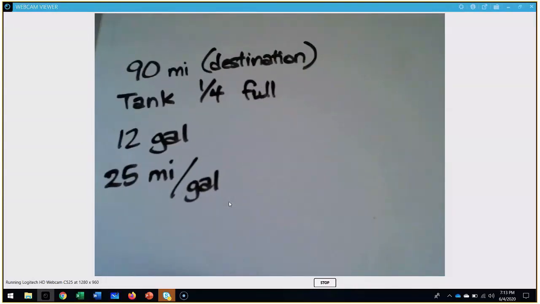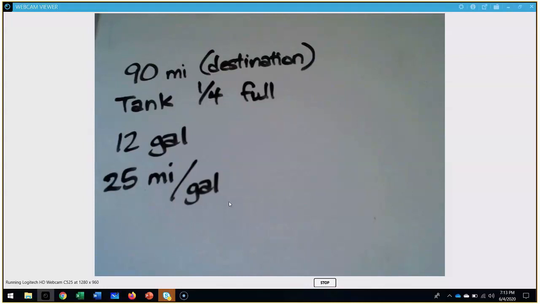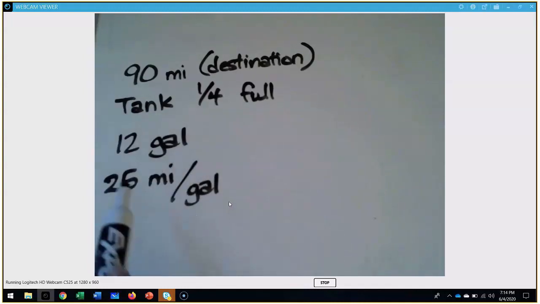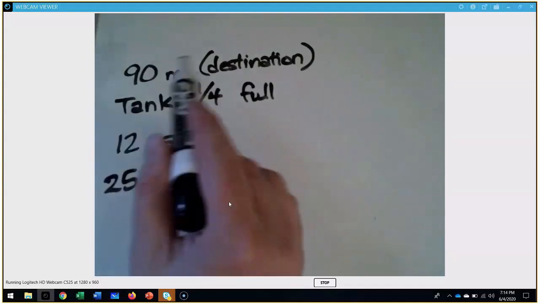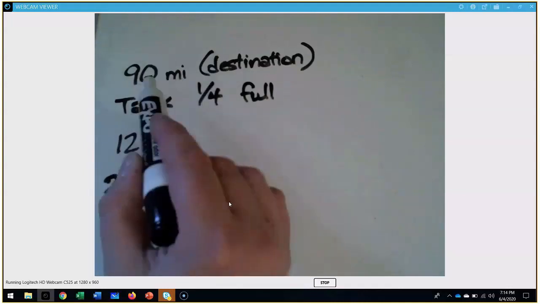When I look at all this information, I'm going to try to sort through it. To answer this question, I want to know how many miles I can drive. If I know how many miles I can drive, I can see if I need to stop, because I know I've got to go 90.